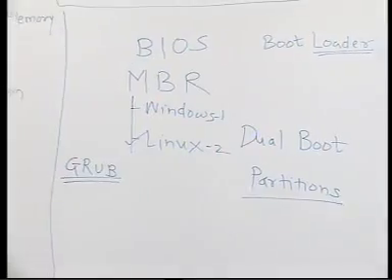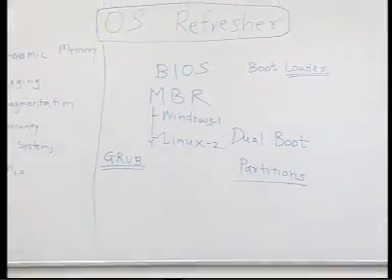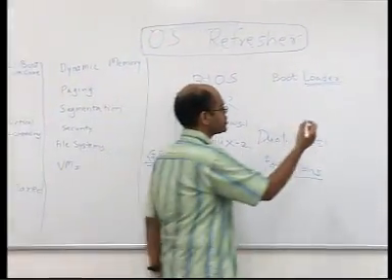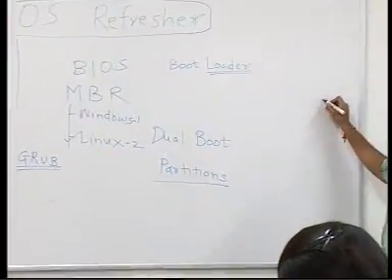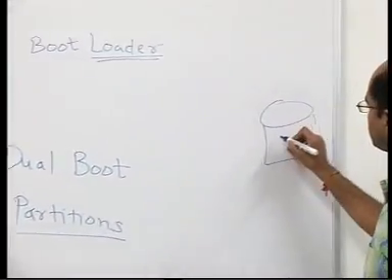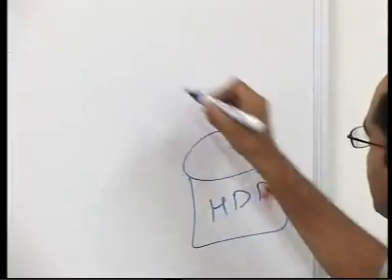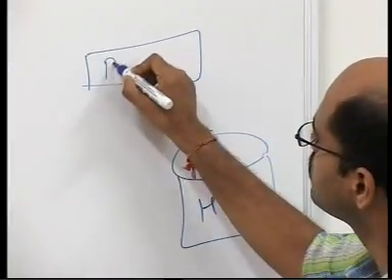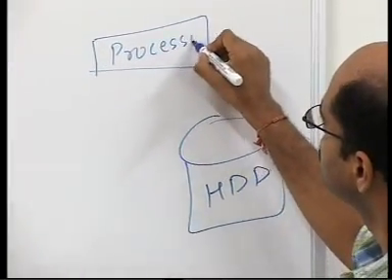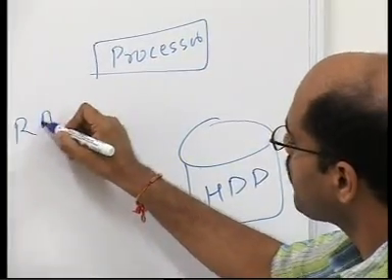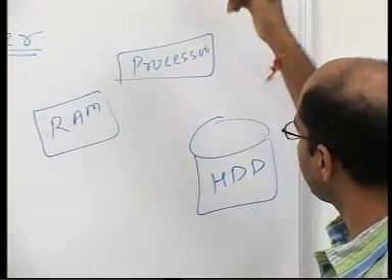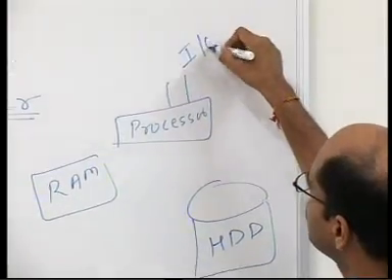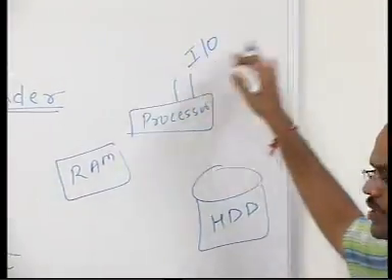What is the first code that is loaded into memory? Right? So, this is your PC. This is the hard disk. This is your processor. This is your RAM. And then you can have multiple items: keyboard, mouse, monitor, everything.